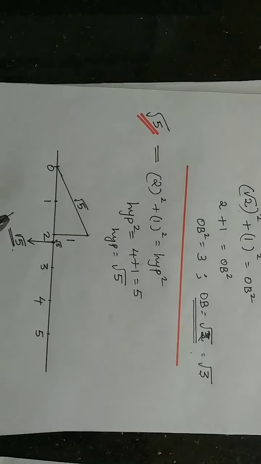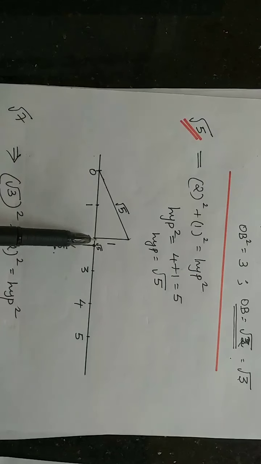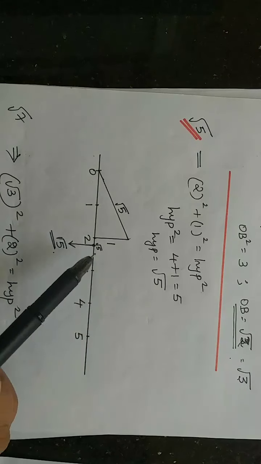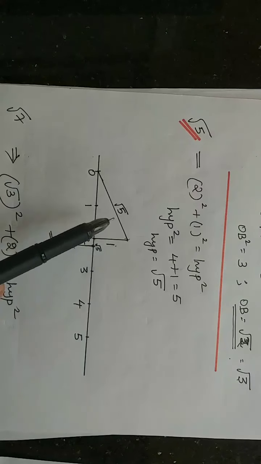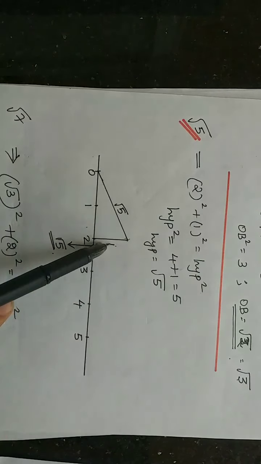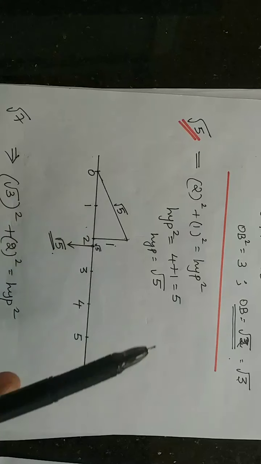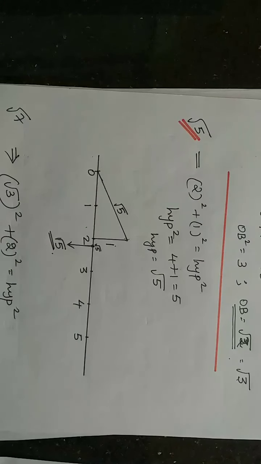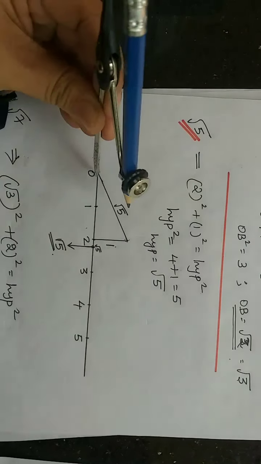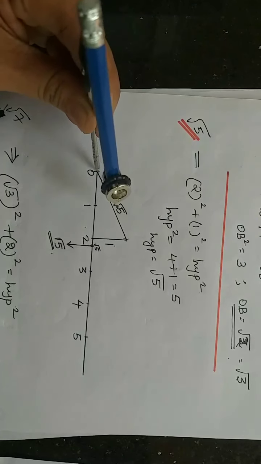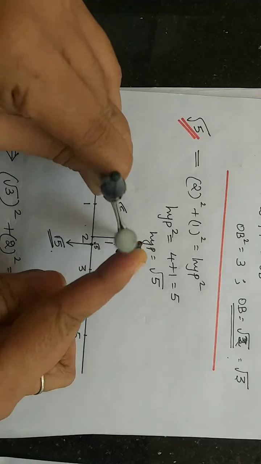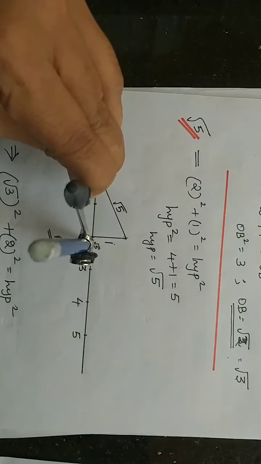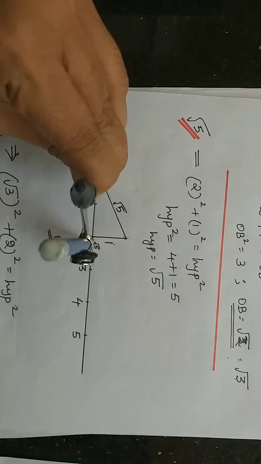So you're going to take 2 units as the base and 1 unit on the vertical position. So 2 square plus 1 square, you get 4 plus 1, which is 5. That is, this is root 5. Now taking a compass and taking the value of root 5 here, you're going to mark this value on the number line. See, this is root 5. So you have represented root 5 on the number line.